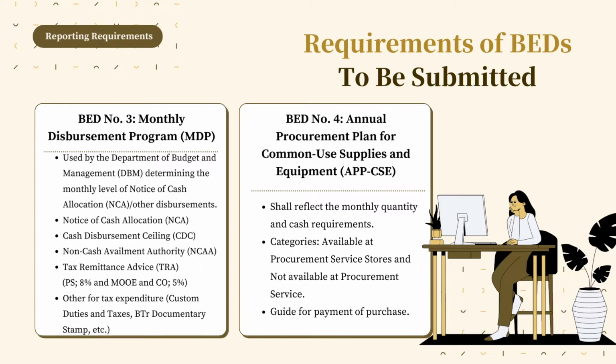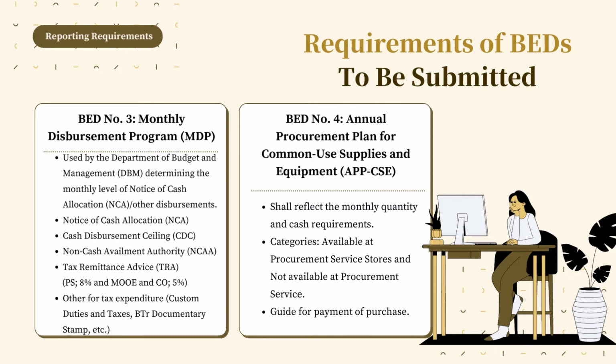So it uses the APP-CSE as one of the bases in preparing the MDP and ensures strict compliance with Republic Act Number 9184 and its implementing rules and regulations or the IRR.